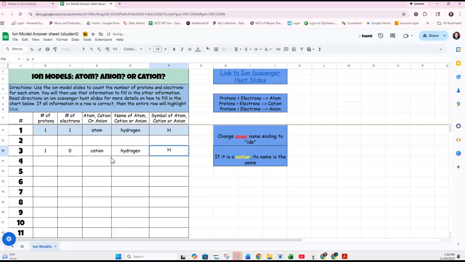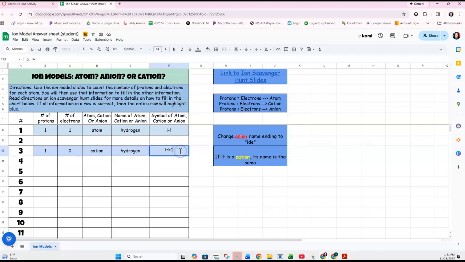Okay, but now if I do this, this would not be right because this is not the same thing as this. I have to put whatever the charge is. So it's a plus. Okay, actually, you have to put plus and the number. The way that you get this number is you're going to subtract these two. Since it's a difference of 1 and it's a 1 positive, that's why it's a +1. That's the reason why this is correct.